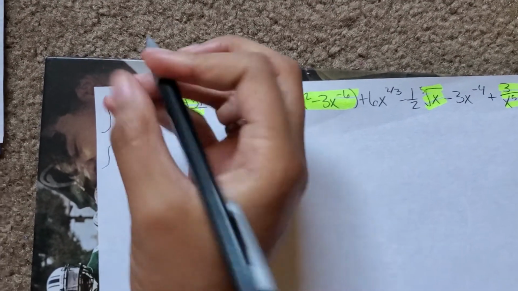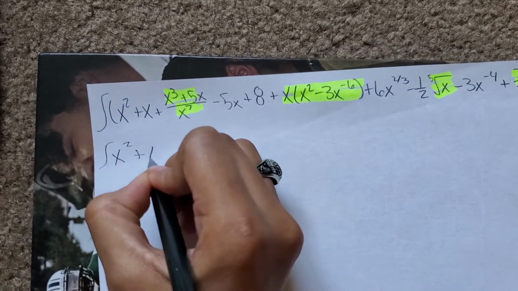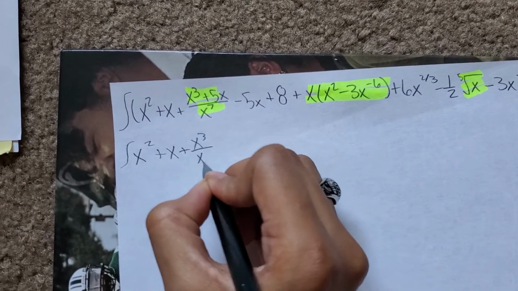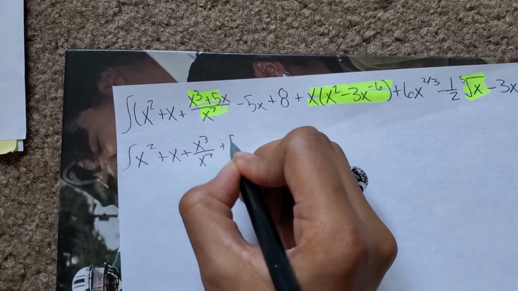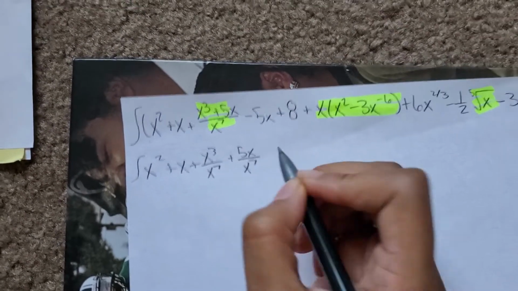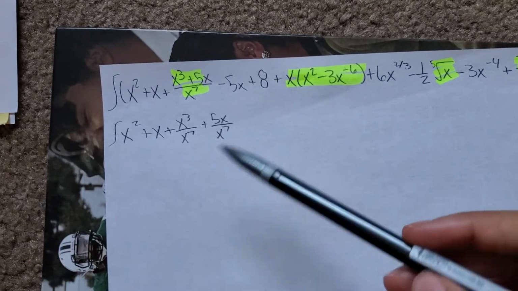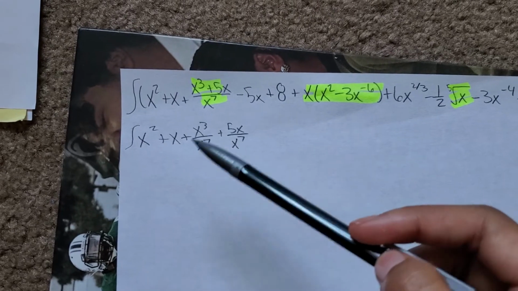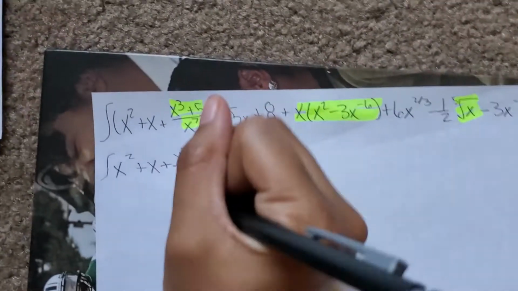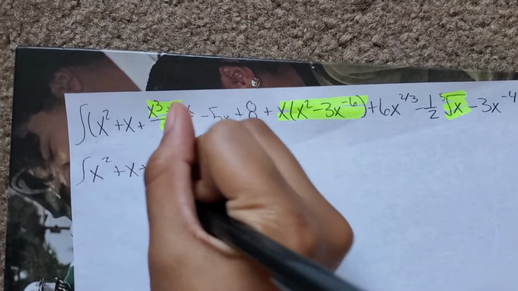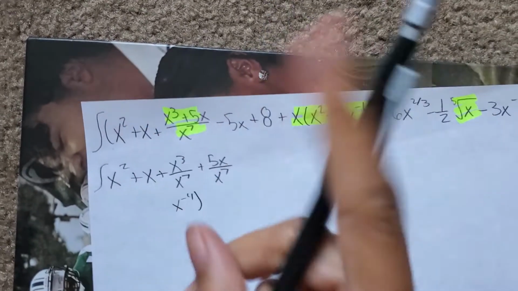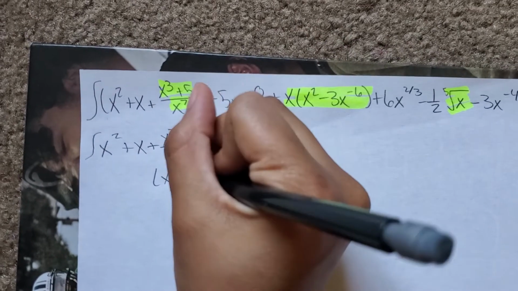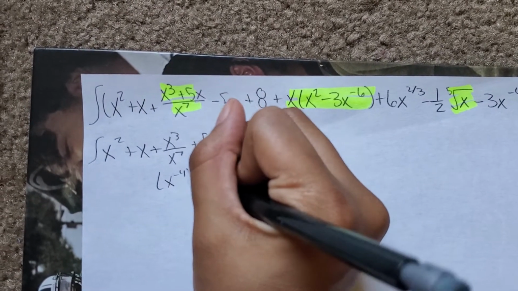We're going to do x squared plus x, and I like to write it like this because it helps me, but we can't leave it like this, because it still breaks one of the rules. So we will have to write it as x plus 5x.